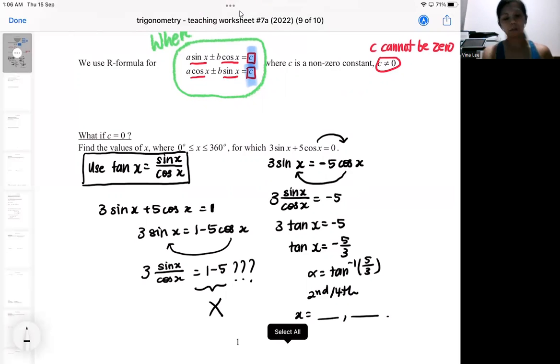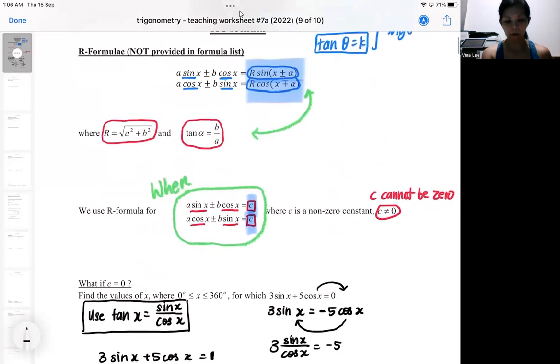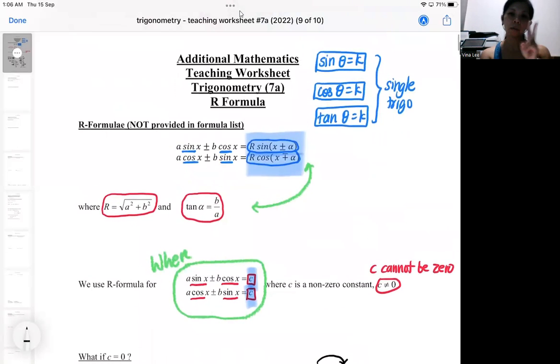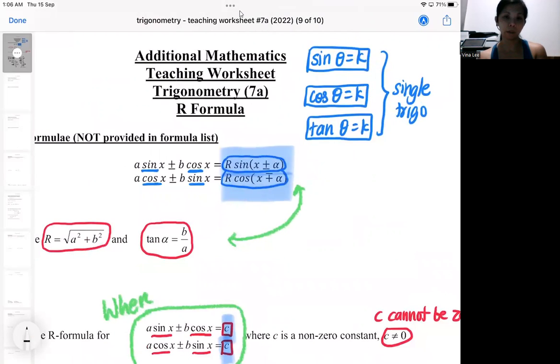Let's recap. What's the purpose of the R formula? The purpose is to reduce two functions, sine and cosine, into a single function. Why a single function? Only when it's a single function can you execute your 4 steps.